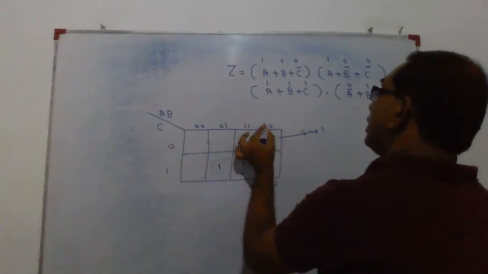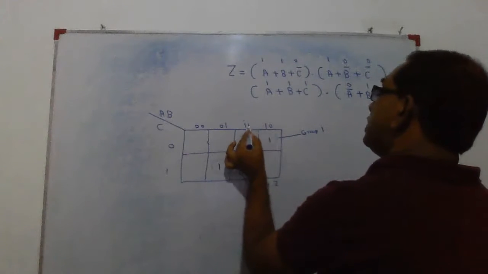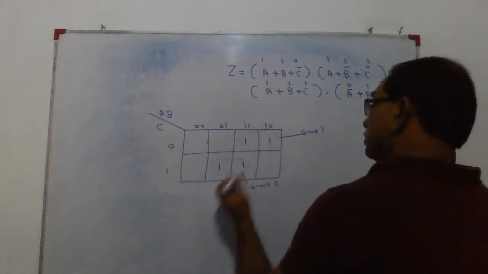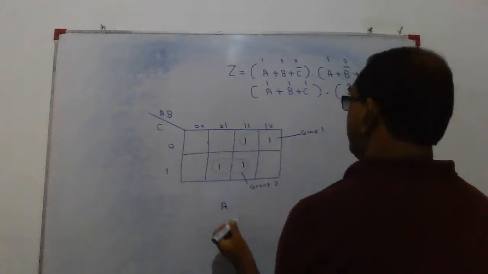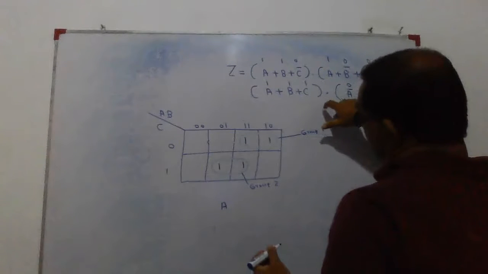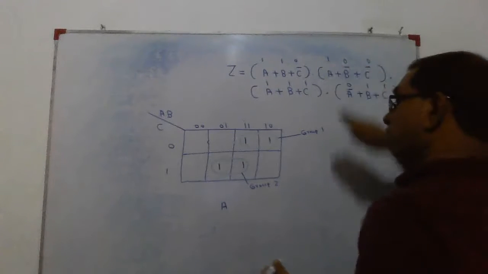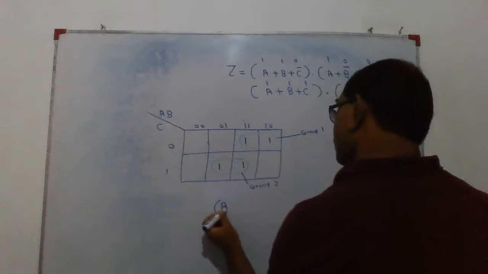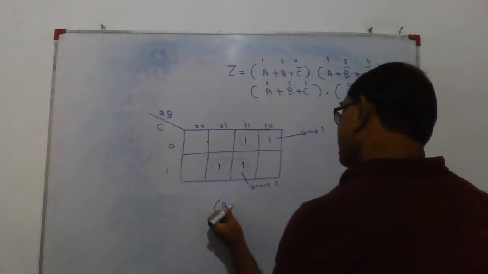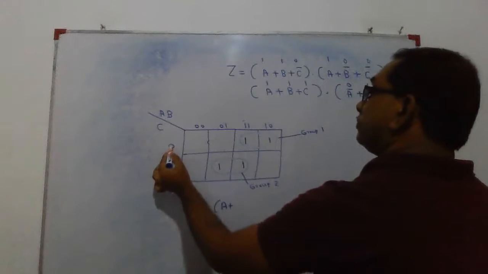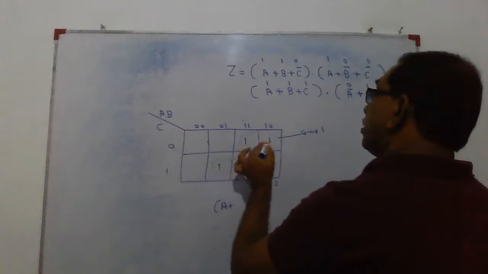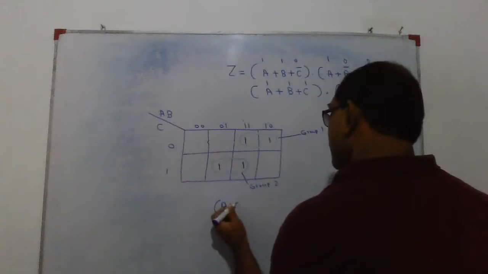A is common, but here B and B bar. So A is common, I take A. But remember the type of the statement is POS. So with A, I have to take as O. What about this one? 0 is common. It is C bar. So I say A O C bar.